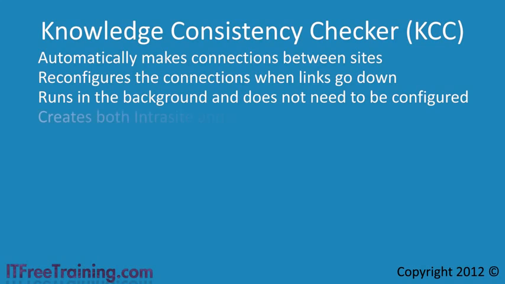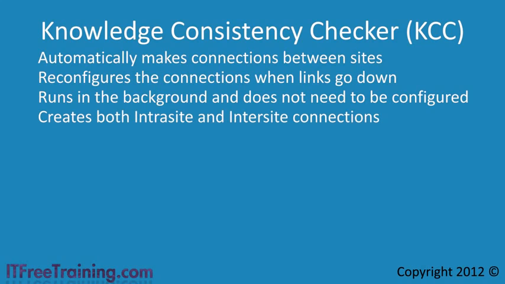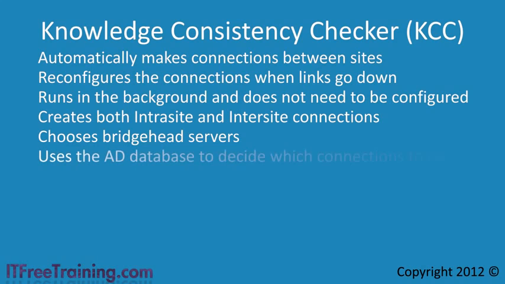The KCC also creates the connections that are used for intra-site replication and determines which domain controllers will be used for bridgehead servers. The KCC does this with information from the Active Directory database. If the same copy of the Active Directory database is in multiple locations, the KCC will always come up with the same result.